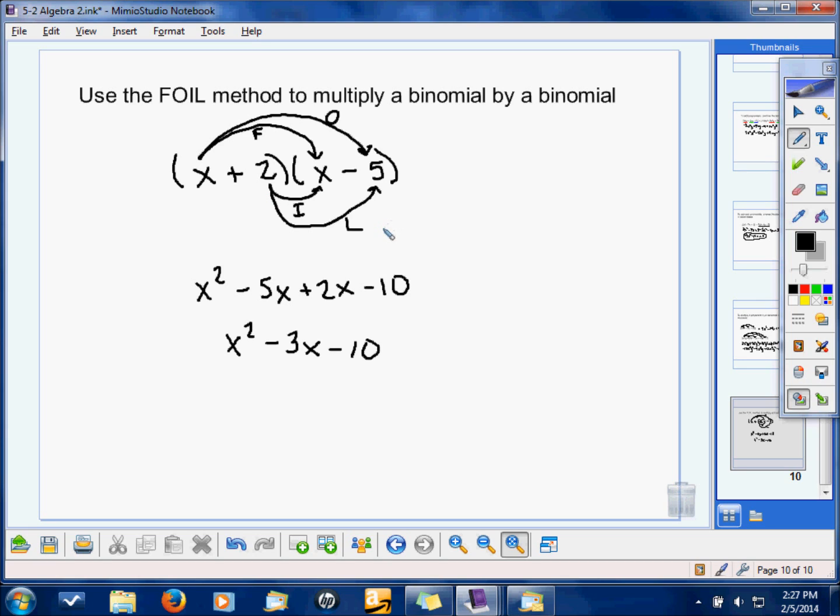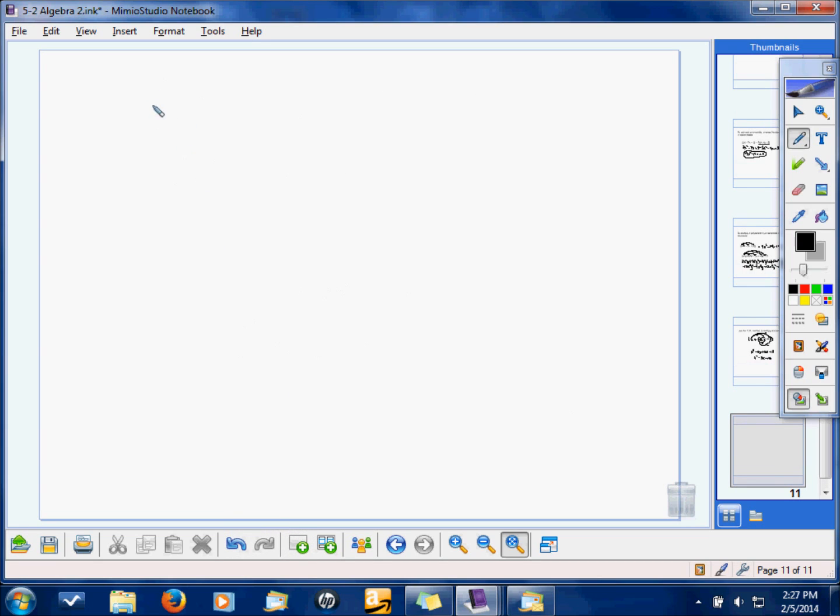Okay, I want to do another FOIL one for your benefit, and then I want to show you trinomial times a trinomial is not really that much more difficult. We can't use FOIL method, but we can actually distribute everything to one, everything to the other, and it's done. All right, so this is still under FOIL, so let's do another one.